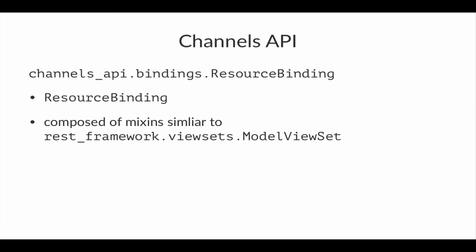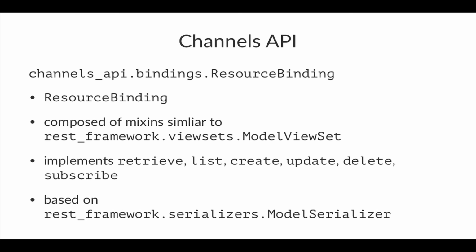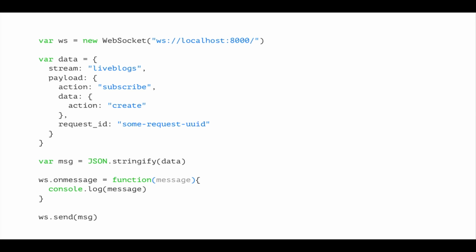It also supports the subscriptions that I mentioned before. Lastly, it's based on model serializers. You'll see here in our example that to handle the deserialization and serialization of data, it just uses the serializer class.